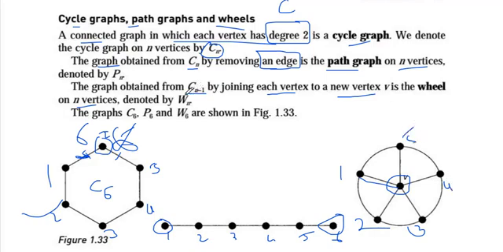First you remove one vertex, then add a new vertex connected to each vertex. It's called a wheel graph, denoted by Wn. So this is a cycle graph, this is a path graph denoted P6, and this is a wheel graph, also with 6 vertices, so W6. So: cycle graph, path graph and wheels.